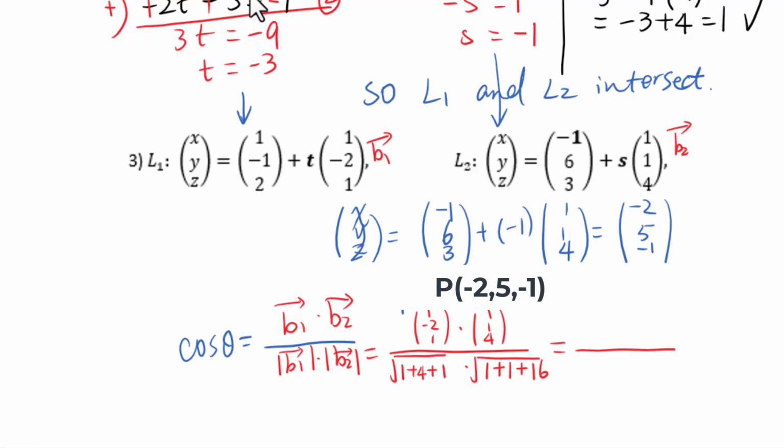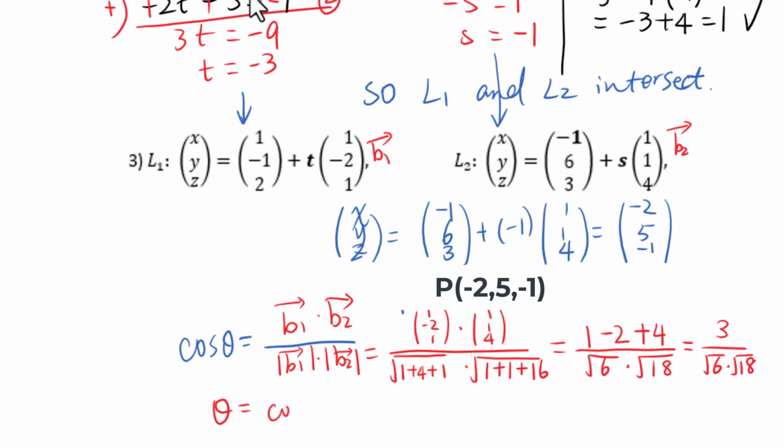That equals 1 times 1 is 1, -2 times 1 is -2, 1 times 4 is 4, over square root of 6 times square root of 18, which equals 3 over square root of 6 times square root of 18.